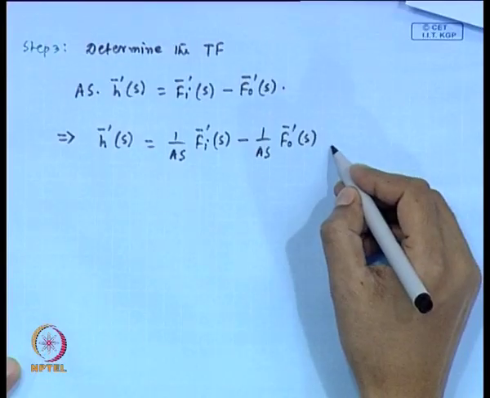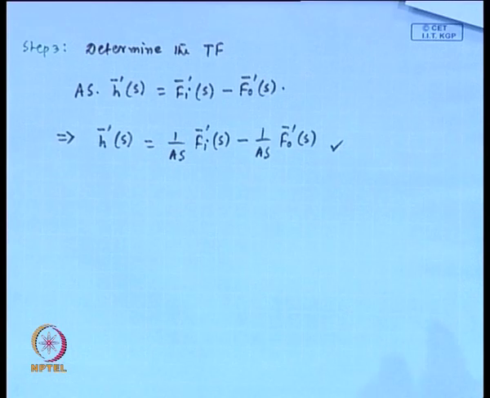So, this is the equation which we got finally in Laplace domain or S domain. In the next step, we need to make the block diagram based on this equation.